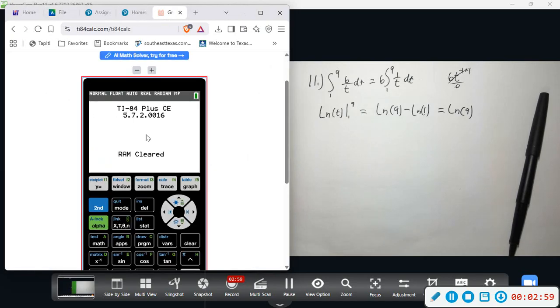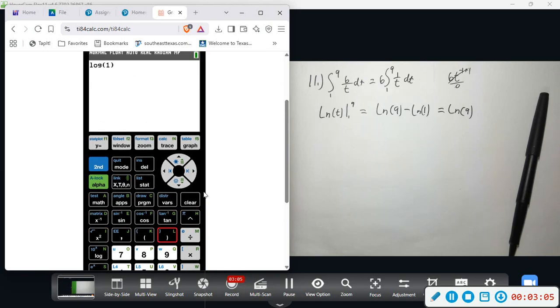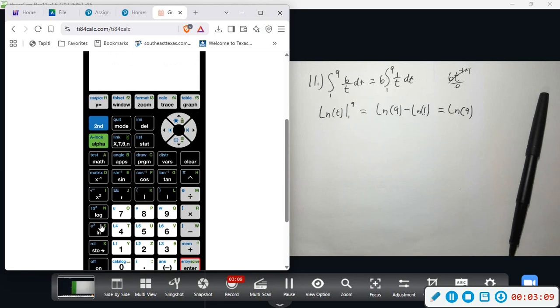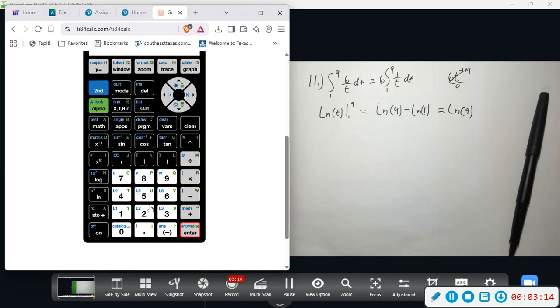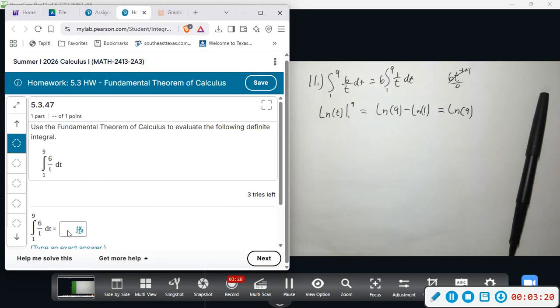So just to kind of go back and show you, it doesn't matter whether you use log or natural log, which is what we have in this case. They both behave the same. Log of 1 is 0. So this one just simplifies to natural log of 9.